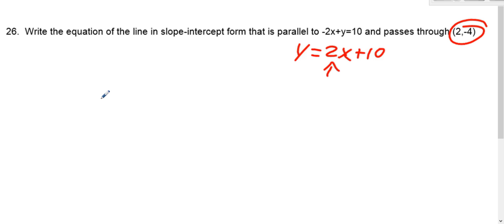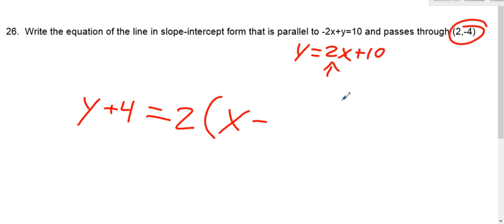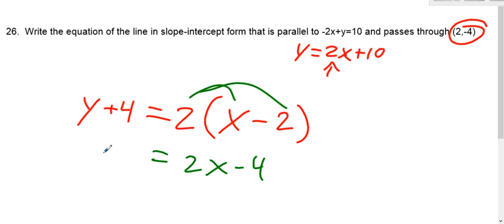So we go y minus -4, it's going to be +4, equals m, x minus 2. Distribute. And then subtract the 4, you get y equals 2x minus 8.